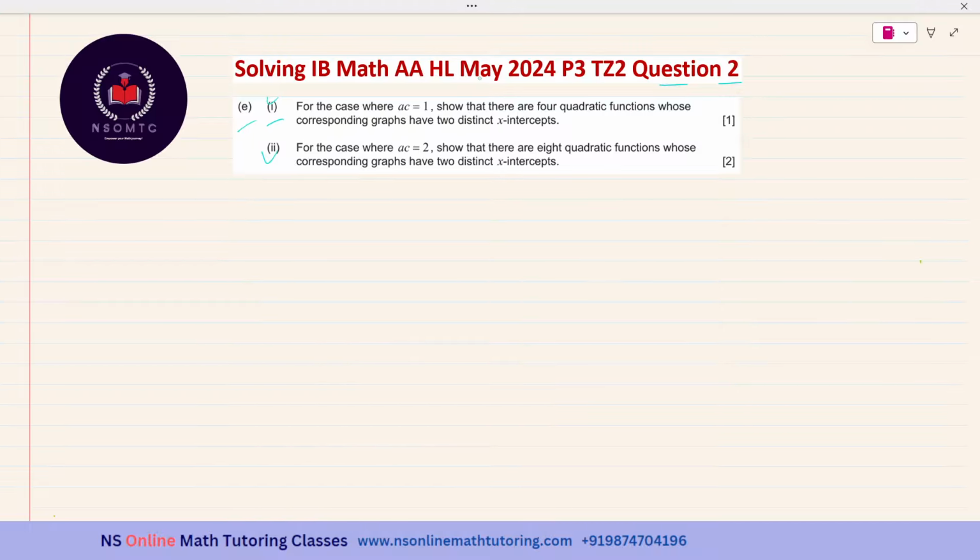The part I is saying for the case where AC equal to 1, we had the function f of x equal to ax square plus bx plus c, and it was said that the condition was there will be two distinct x-intercepts or two distinct solutions of this quadratic function.